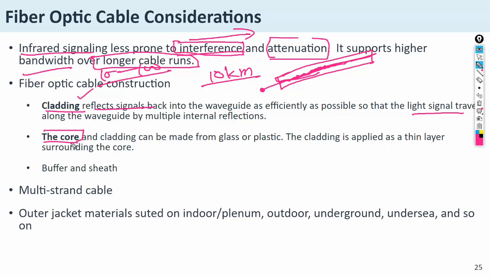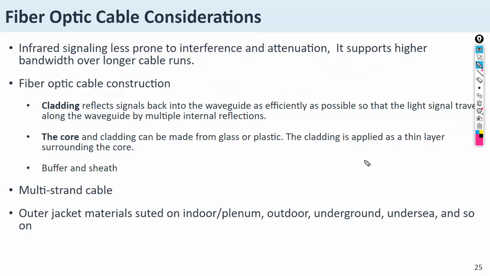Another is the core section. The core is nested like this, very thin. It is made from glass or plastic where the light can travel. There are two types of cables, which are called single mode and multi-mode cables, and we will discuss them later.